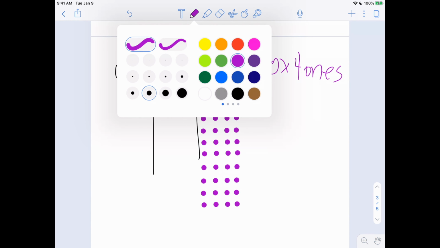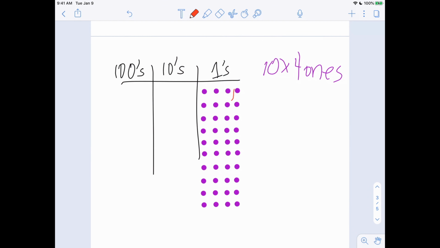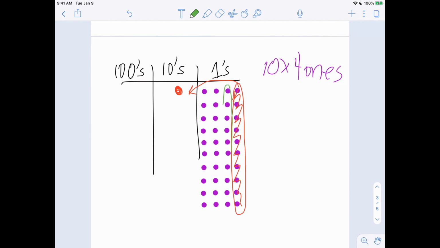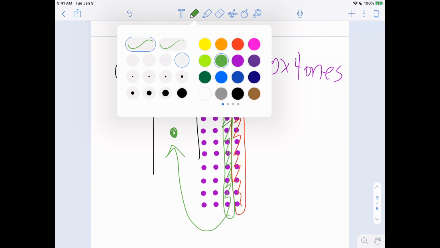So let's do that. Here is 10 ones, so we can exchange those 10 for a dot right here. They're gone because I exchanged them in. Then I see another group of 10, a big column of 10 right here, and I can exchange those for a 10. Let's do blue.